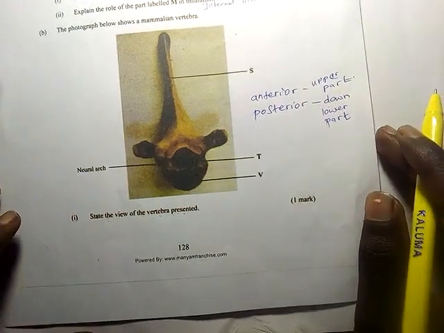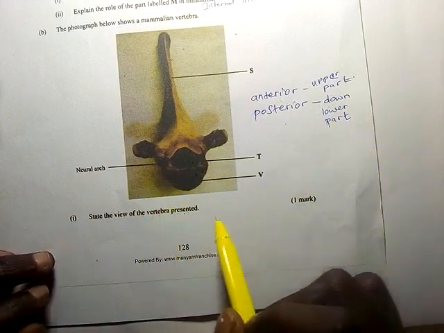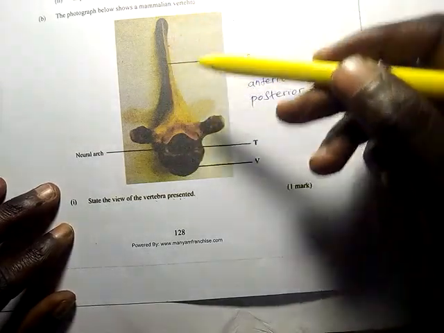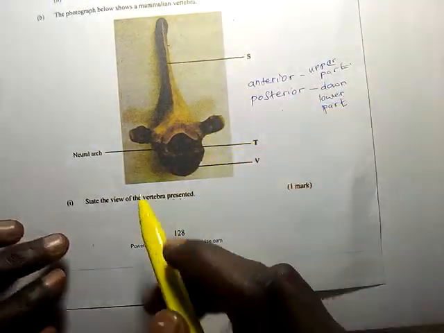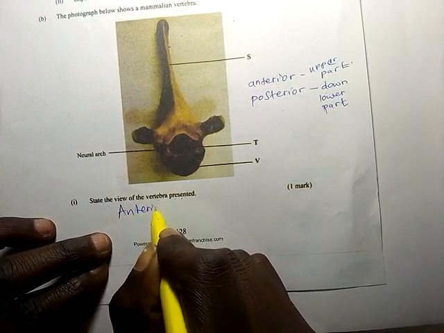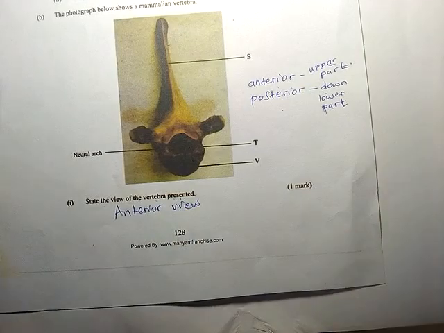Now this is the anterior view or the dorsal view. The anterior is seeing the upper part, we are not seeing the lower part.